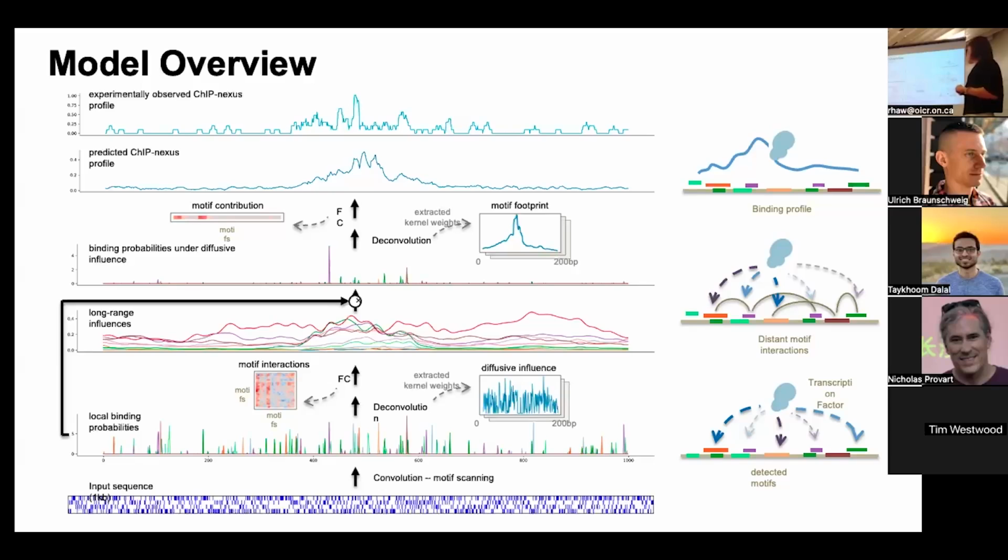And then we have this influence kernel, which is like a large up-convolution or deconvolution kernel, which lets a local site have an influence over something. So this kernel can make something that is binding here make this site look all of a sudden more attractive to a different transcription factor.